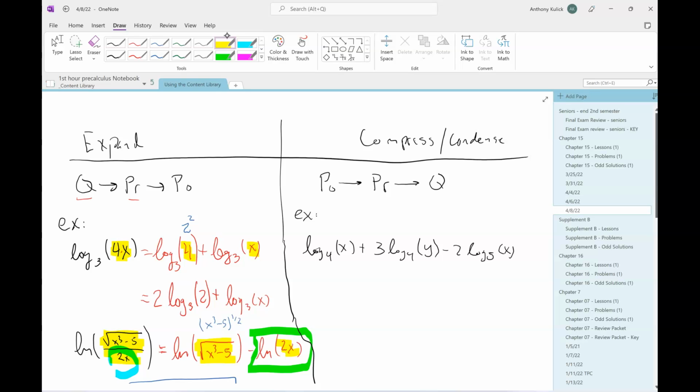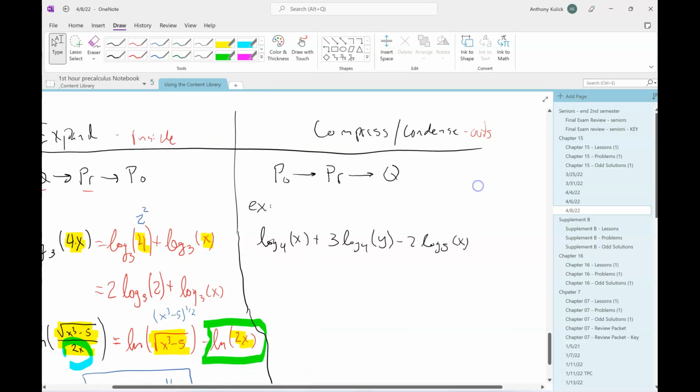Okay. So for expanding, we're looking inside the logarithm for our properties. For compressing or condensing, we're going to look at what's going on outside the logarithm. Okay with that? So this is inside, this is outside. So the first thing we're looking for are power properties.